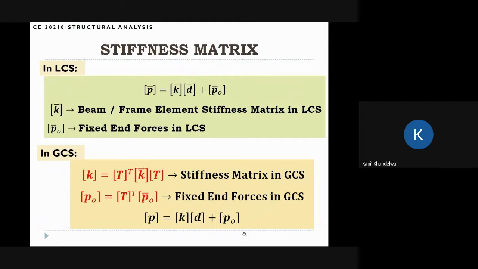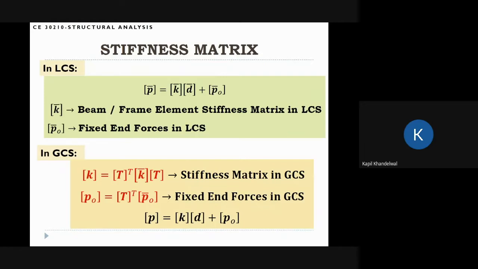And finally, once we have K and P0, we can write the equilibrium of a member in the global coordinate system. That is P is equal to KD plus P0. So these are important relationships we have to remember. And after we solve the problem, let's say after we solve all the displacements that we need, we have to go back and calculate the member forces.